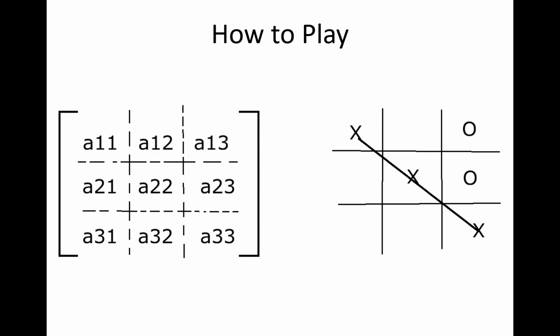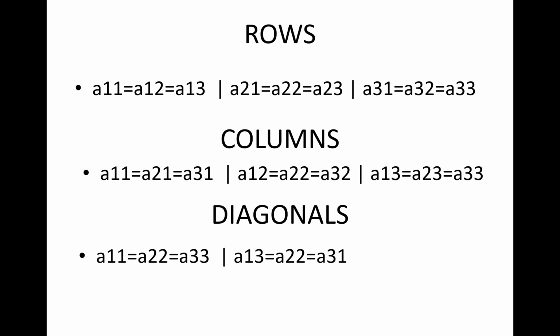So like this it will be the roadmap, and these will be the if else conditions: if a row is there, then a11 is equal to a12 is equal to a13. Similarly for the columns and the diagonals. So yeah, let's get started.